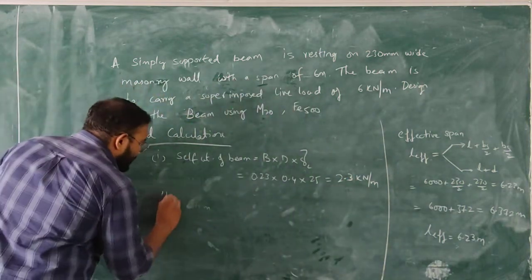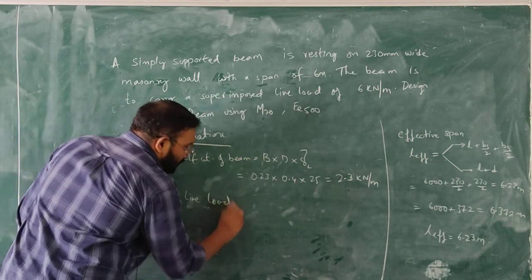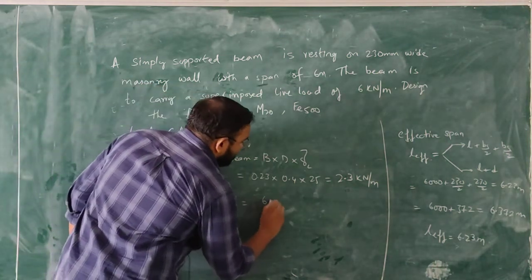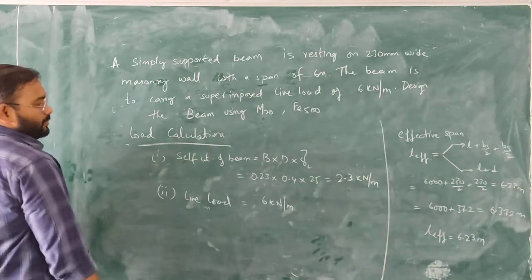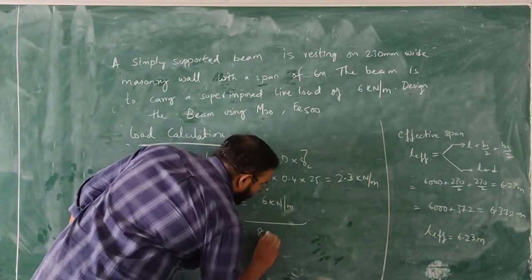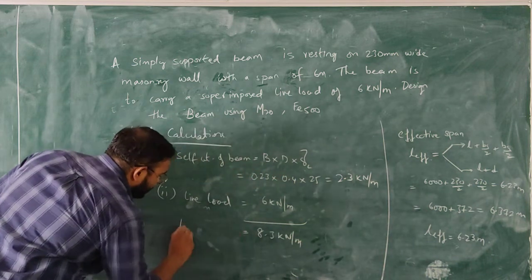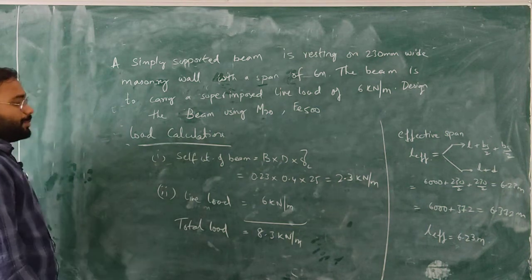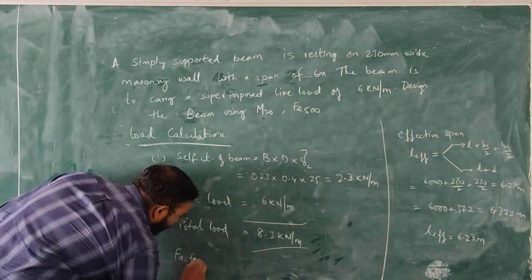Next you have is live load, which is directly given as 6 kilonewton per meter. Okay, so total load will be 8.3 kilonewton per meter. Now next you have is factored load.